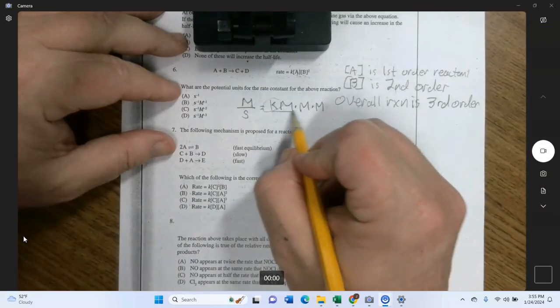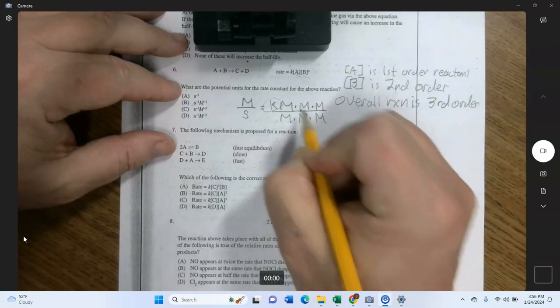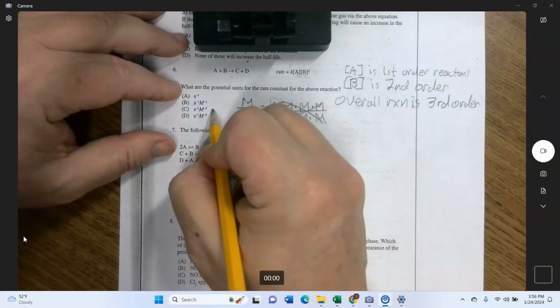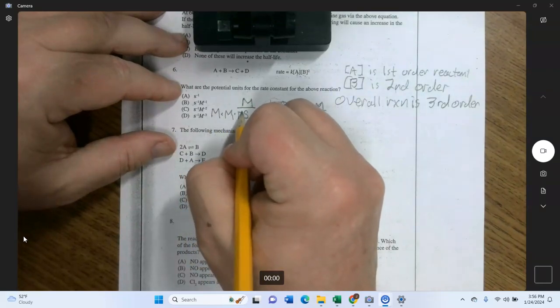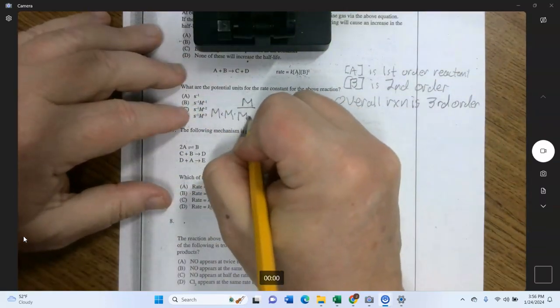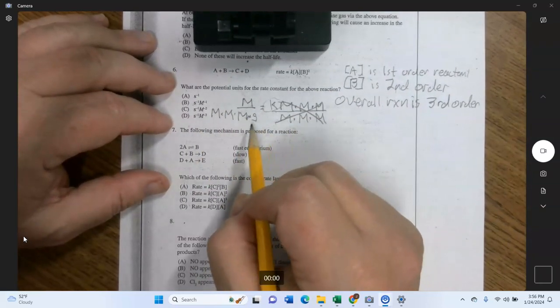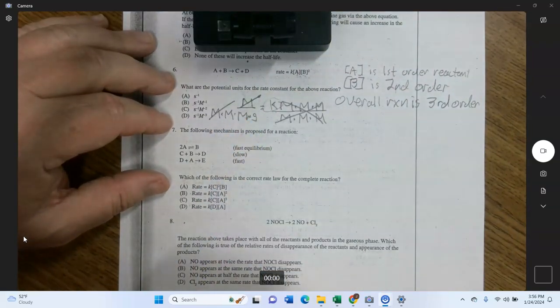So we're going to divide this side by M times M times M, and over on this side, we have to do the same thing, divide by M times M times M. Okay, so there you go. So K equals this. Now you can cancel one of the M's on the top with one of the M's on the bottom.